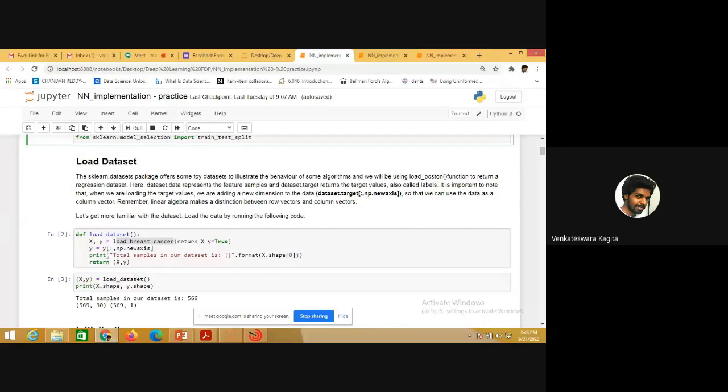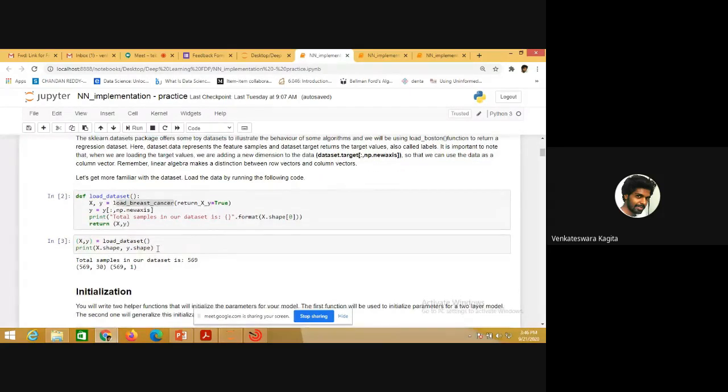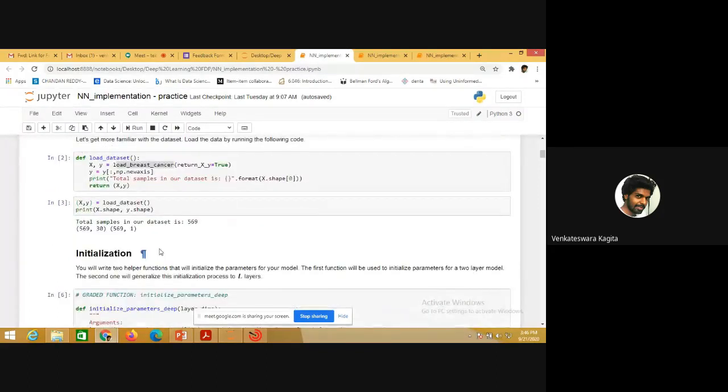With y = y[:, np.newaxis], we are trying to add a new dimension to the data so that it will be a column vector, just to maintain the same notation we have discussed. So I'll just execute this. To execute this, I can just press Shift Enter. And if you don't have Jupyter installed in your systems, you can try the same with Google Colab also.